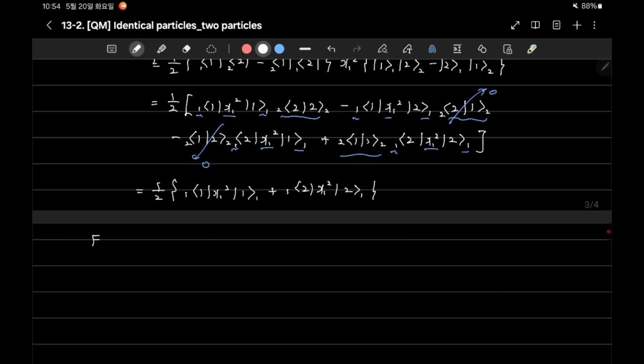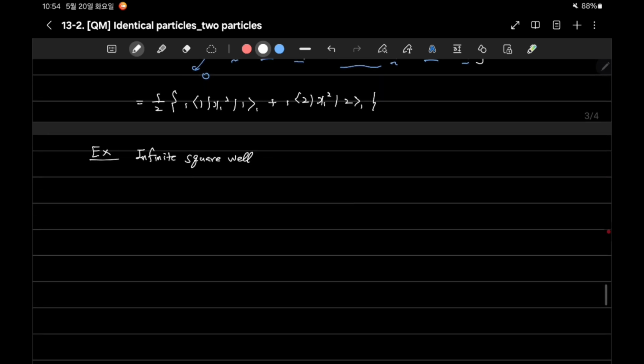Let's think that in this example we assume an infinite square well of two particles, where the potential is 0 for x from 0 to L and infinity otherwise.